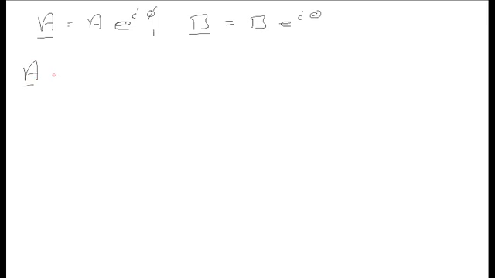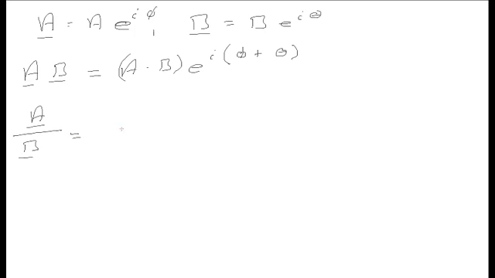Then the multiplication of these two, just using laws of exponents, is the magnitudes multiplied together, e to the i, and then the phases added together, phi plus theta. Similarly, if I divide them, it's the ratio of the magnitudes, e to the i, phi minus theta.